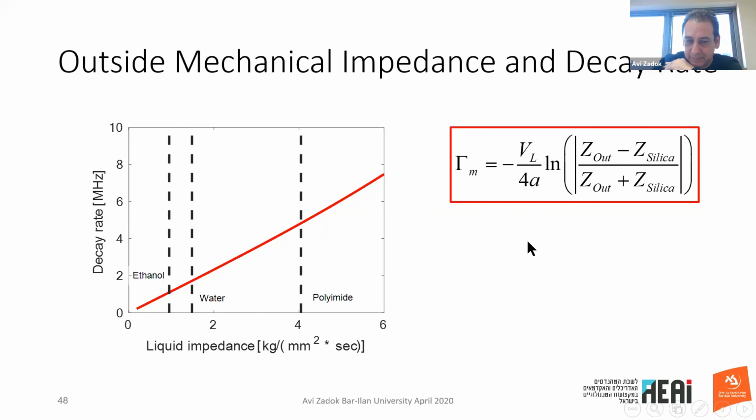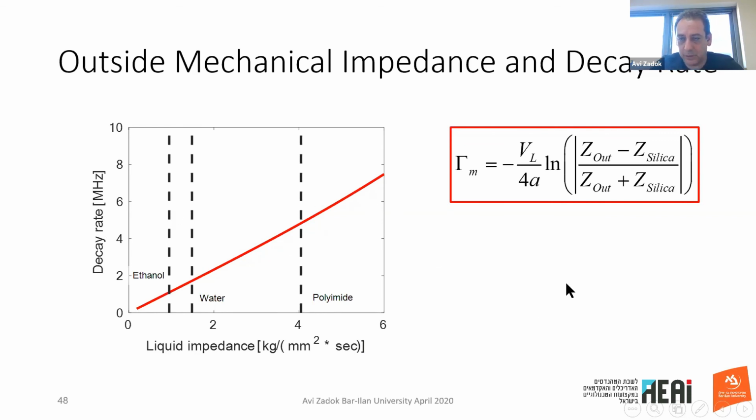And there is a very simple formula that will connect between the decay rates and the impedances of silica and the outside medium. Of course, the impedance of silica is known. Therefore, when we measure the rate, and this is speed of sound, and this is just radius, then we know, based on mapping like this, what is outside.